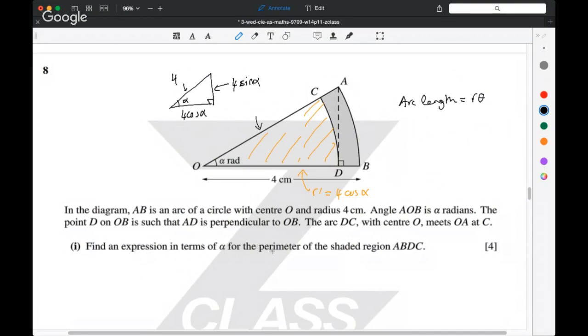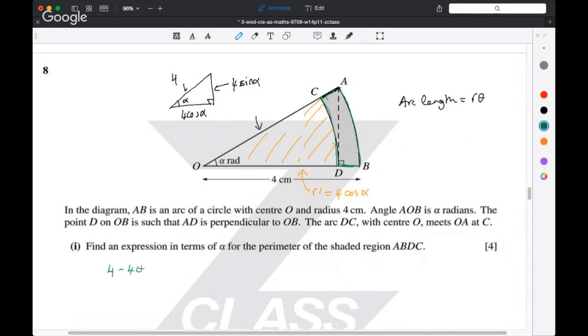So we want an expression in terms of alpha for the perimeter of the shaded region. So the perimeter is going to be this. Let's do it in green. This and these two guys. Well, what are these little pieces? Well, they're just the r of the big piece minus the radius of the small piece, right?